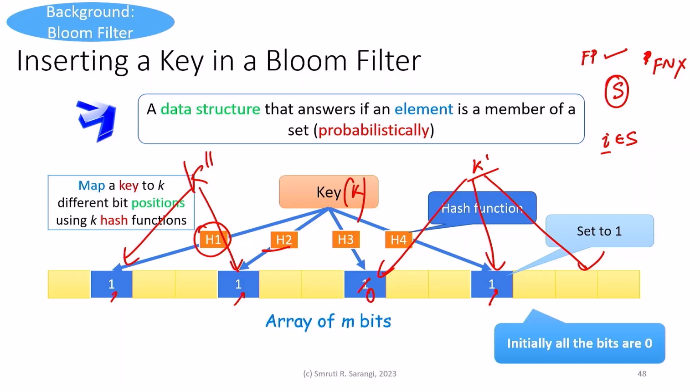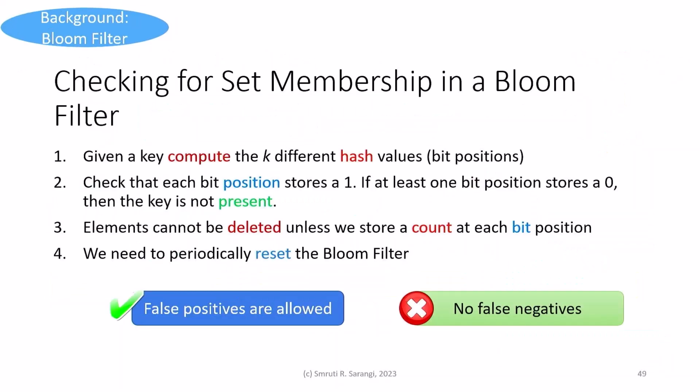In the sense, you can always create a different kind of Bloom filter which has counters, but that seldom serves the purpose. So the entire Bloom filter has to be reset periodically. But this is the broad idea, that false positives are allowed, false negatives are not. And this is a very, very fast data structure, and it is used extensively. All right. So this is the key idea, that false negatives are not allowed.